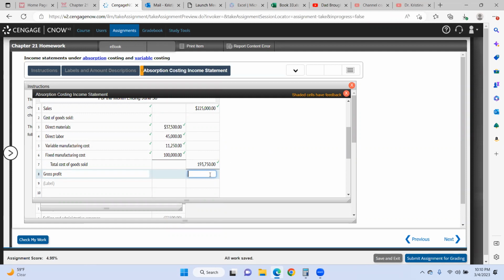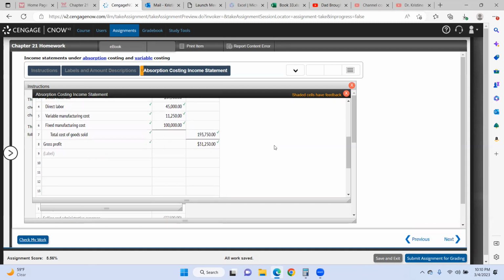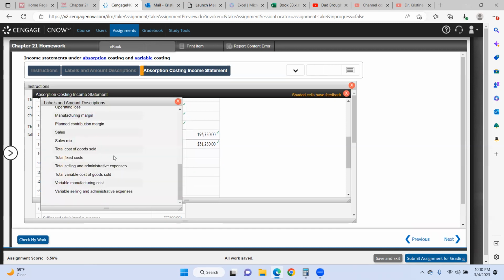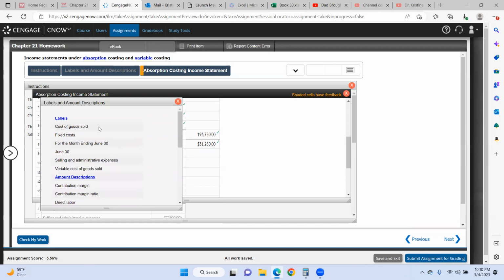So that's going to be 31,250. And let's double check, make sure my addition's correct. It is. Who'da thunk? Now this is going to be my operating expenses, my selling and admin. So let's look at the labels and selling and admin expenses right there.